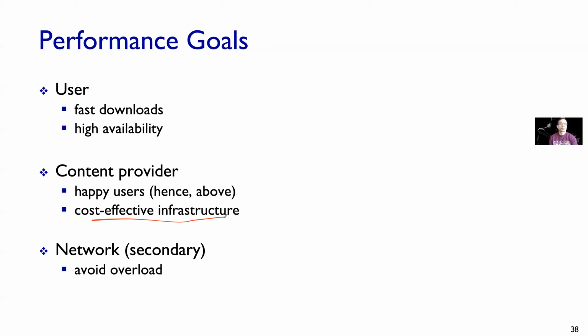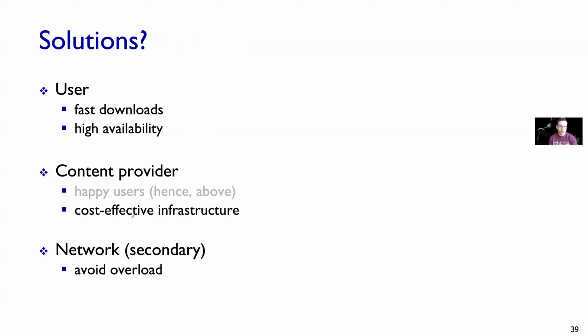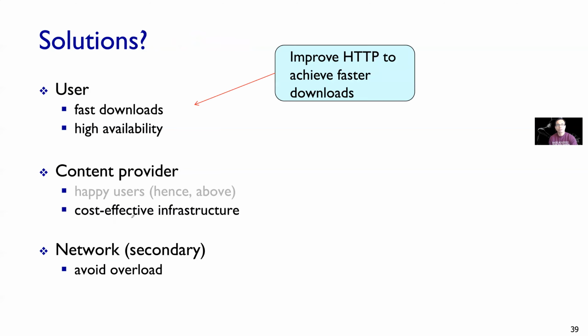And then the network perspective is kind of secondary, in that neither users nor content providers really care too much about the network, but it's still important, right? Because you want to make sure that the network is also not overloaded, because if the network gets overloaded, then it's obviously going to impact both the content provider and the user, right?